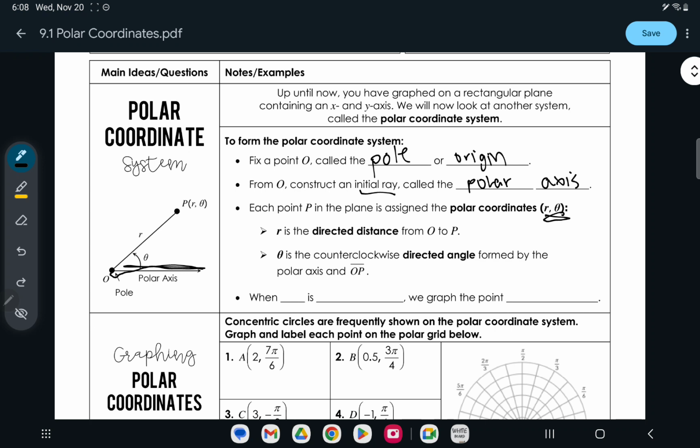And then if r is negative, we will graph the positive r, but the theta will be theta plus pi.